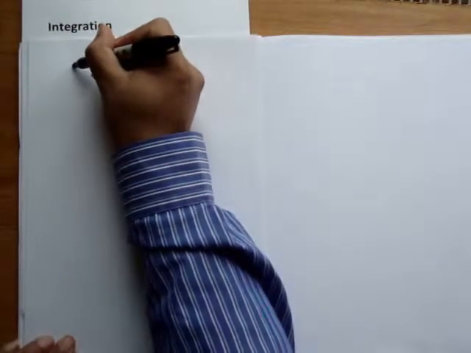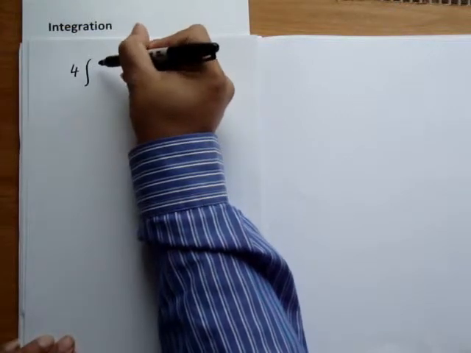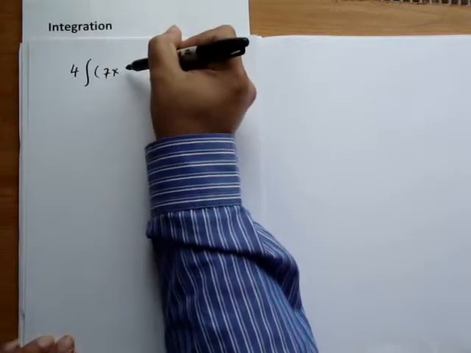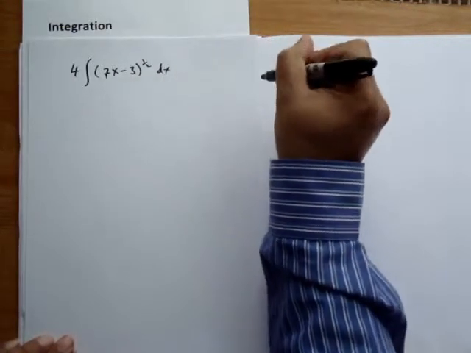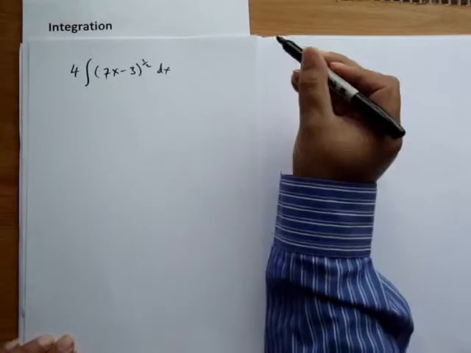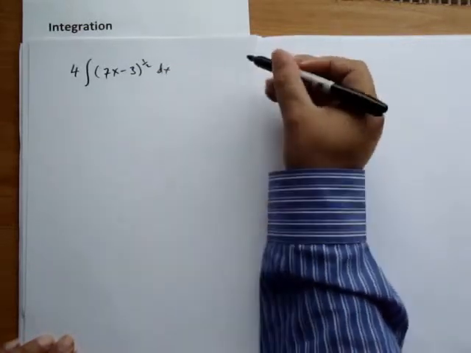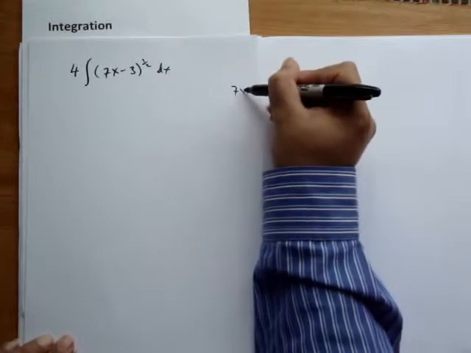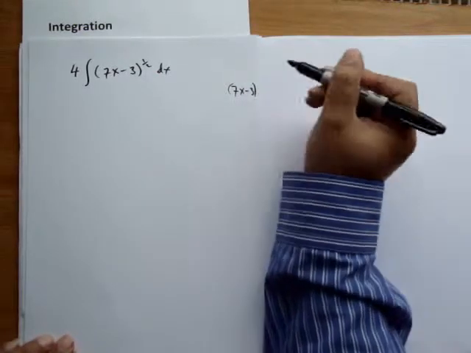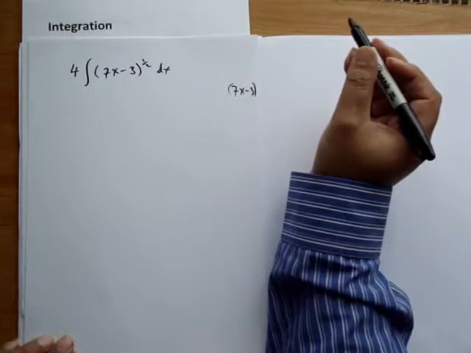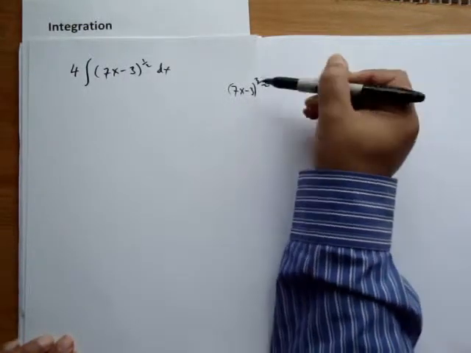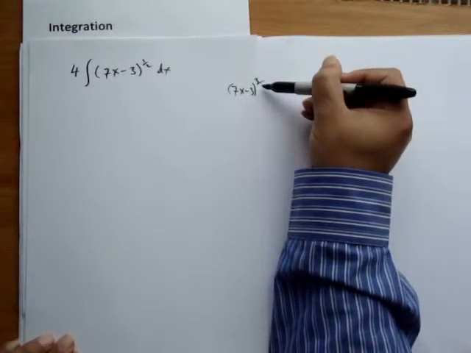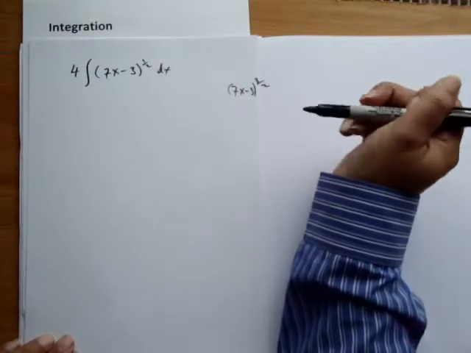Okay, looking at another example, if we have the integral of (7x - 3)^(1/2) dx. So what do we differentiate to get back to this? It would be something like (7x - 3) to the power 3/2. So if we differentiate that, we should get back to the power 1/2.